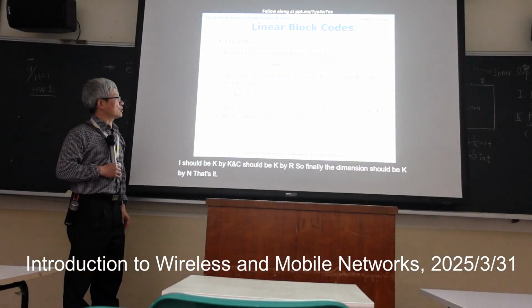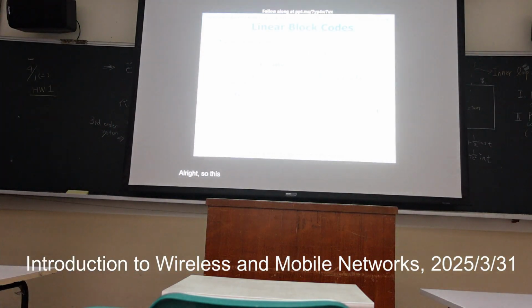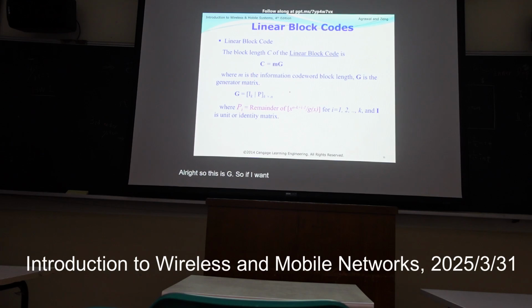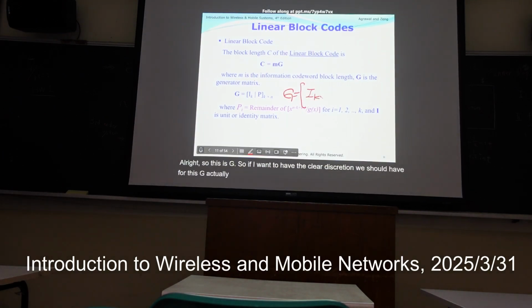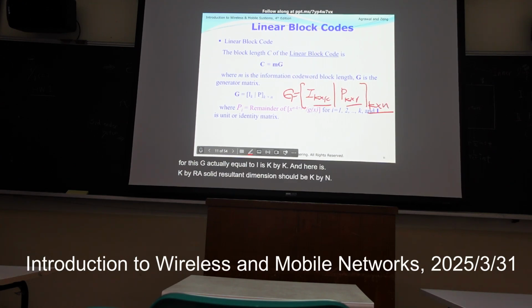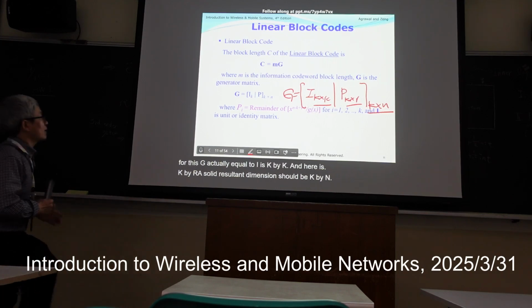So if we want a clear description, G is equal to I, which is K by K, and here P is K by R, and so the resultant dimension should be K by N. Alright, that's all.